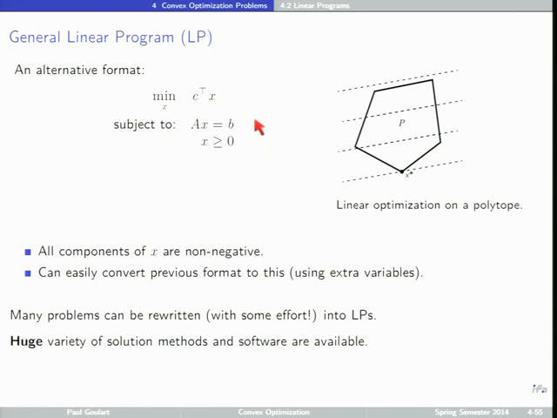So in particular, if you have any function which is like an absolute value here, okay, this doesn't seem like it's linear, but you can, through inclusion of extra variables, make it into a linear program. So we'll do that in a moment. And if you find that your problem can be rewritten like this, then you're usually in a pretty happy place because there's lots of different software tools to solve this problem for you.